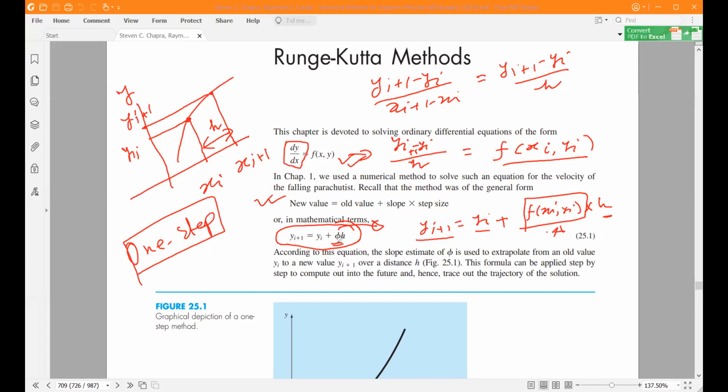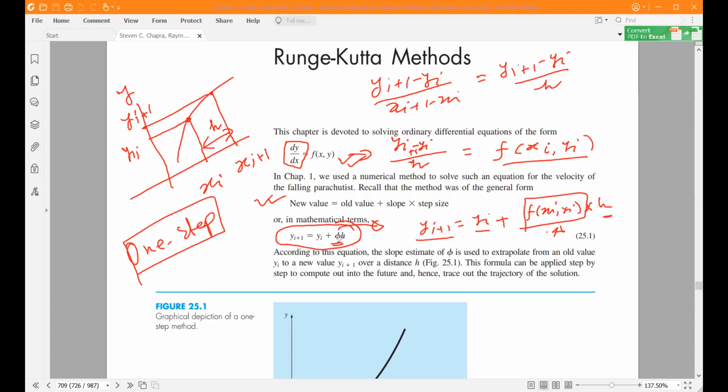If that estimation is made perfectly, then your solution will go closer to your actual solution. And if this approximation is made in a crude way, then your solution will be erroneous. Another issue is that not only the slope, your step size h is one of the important factors.